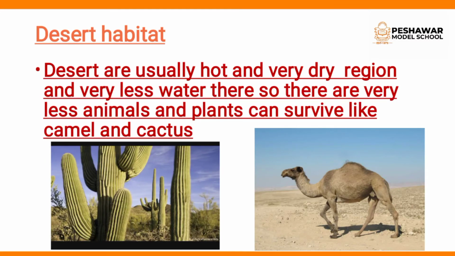Let's discuss desert habitat. Deserts are usually hot and very dry regions with very little water, so very few animals and plants can survive, like camel and cactus. It's difficult for trees to grow and many plants are small. Many desert animals are nocturnal.